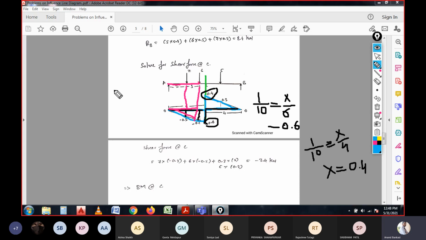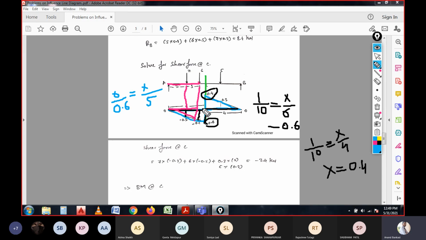So now for this, if I write 1 by, it is not 1, that is 6 is the span, that is 6 by 0.6, which is equal to unknown, because this is unknown, divided by 5. That is the length of 5 meters.